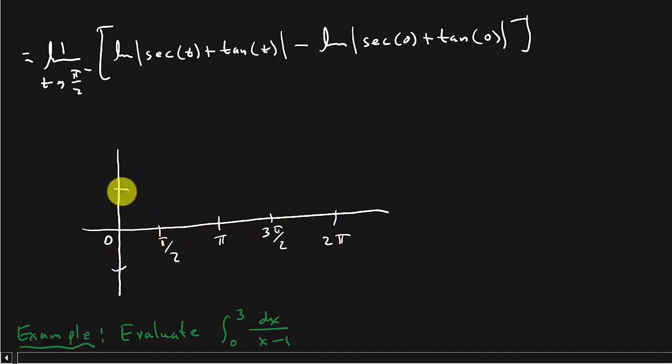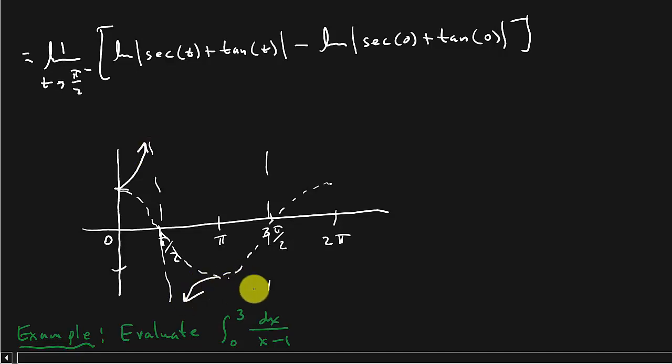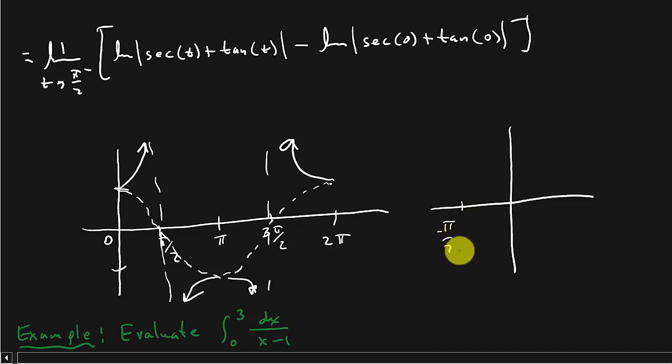We know this is the graph of cosine. And here would be the graph of secant. Just sketching it in real quick. There's negative pi over 2, there's pi over 2. And this is the graph of tangent.